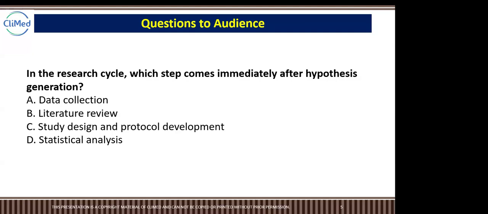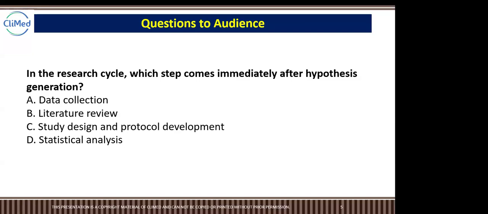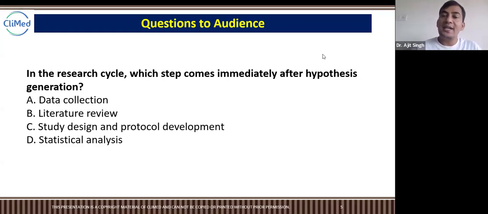Once we analyze the existing resources, based upon them we'll come to a hypothesis generation. From that, we'll do the study design and protocol, then data collection, literature review, and finally analysis. Absolutely correct. So the step which comes immediately after hypothesis will be study design.